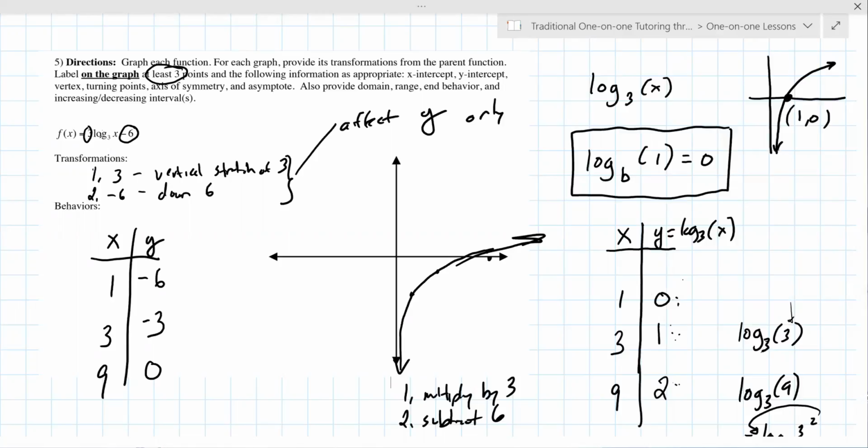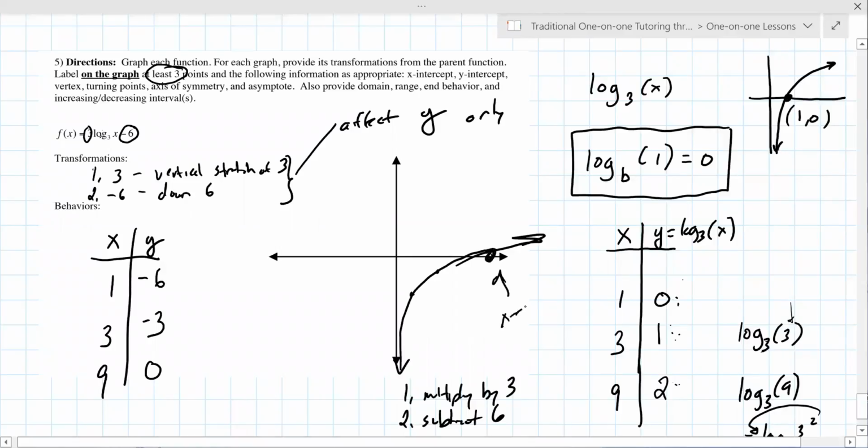In terms of other stuff here, this is where it crosses the x-axis. That's your x-intercept. This one does not have a y-intercept. It actually has a vertical asymptote at x equals 0.